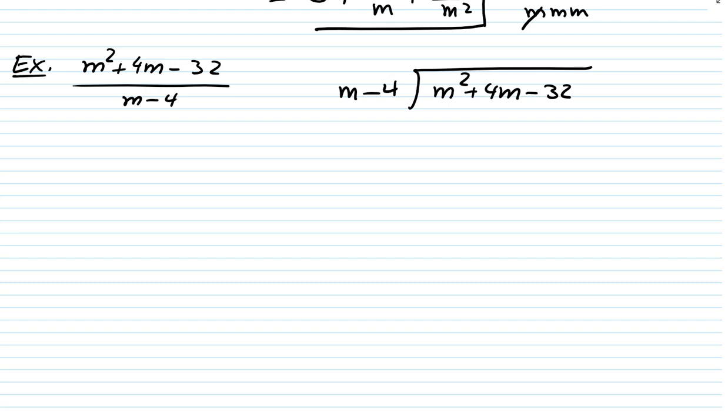If I factor the numerator, the factored form is m minus 4 times m plus 8, divided by m minus 4. The reason is m plus 8 is because 4 times 8 gives 32, and negative 4 and 8 make 4.